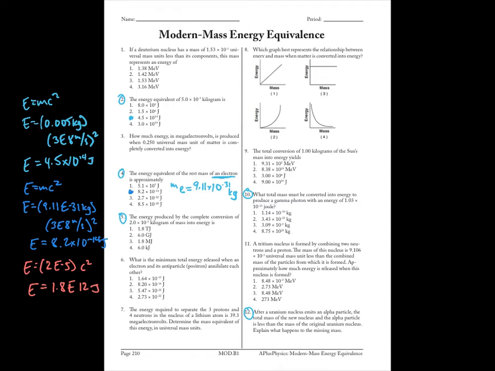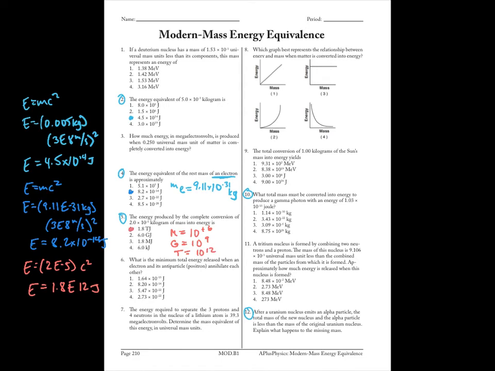So, tera or mega? Mega equals 10 to the 6th. Oops, giga is 10 to the 9th. Tera is 10 to the 12th, so it is 1.8 terajoules.